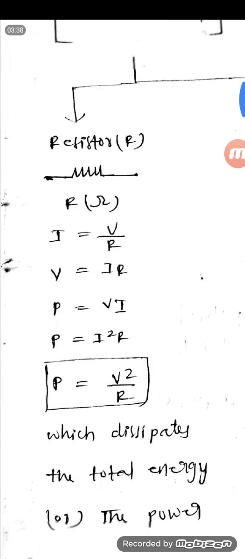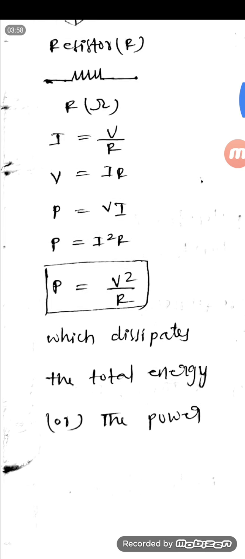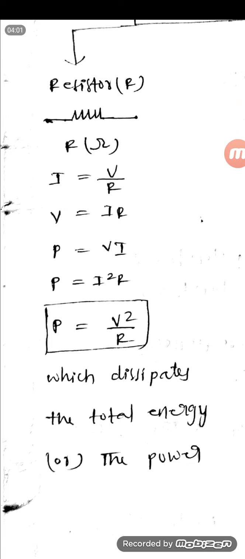This is the element which has the property of dissipating the total energy or total power across the circuit. Just like your brother, if your father gives 100 rupees to your brother, at the end of the day your brother will purchase something, but finally he won't have any money.